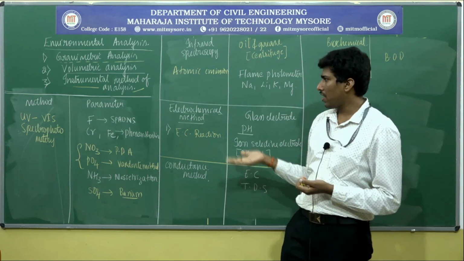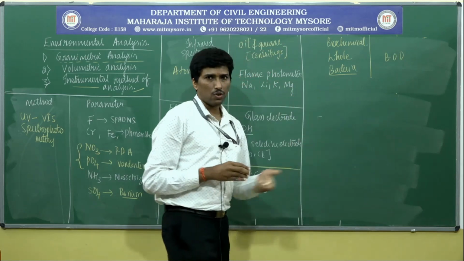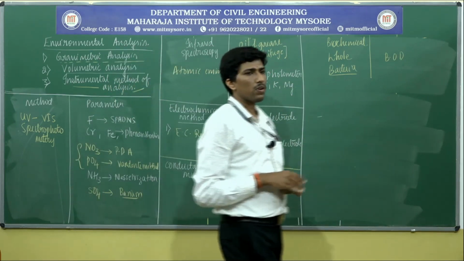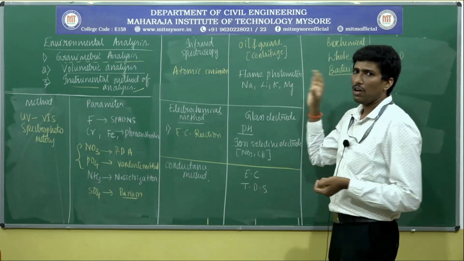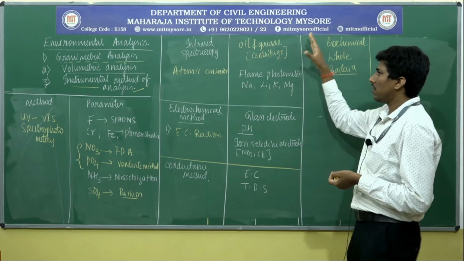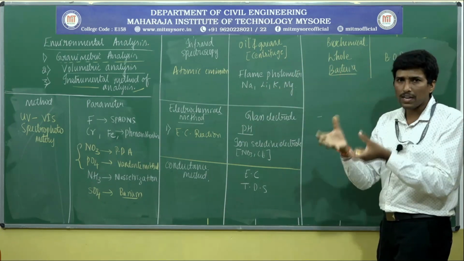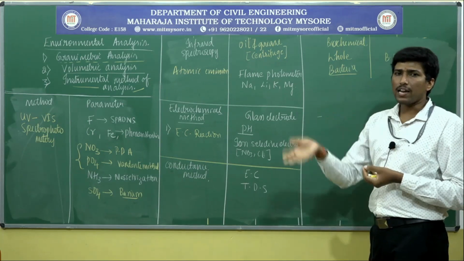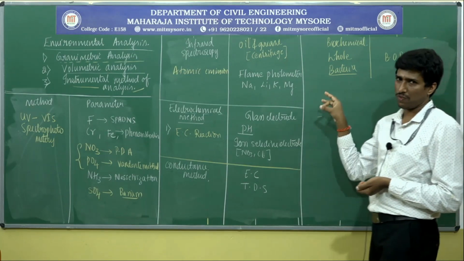Okay, this kind of method we call BOD determination. It can be either an electrometric method or a separate kind of method. Apart from the instrumental method, we incubate the whole sample in an incubator and finally determine it. That's why we have classified it separately.